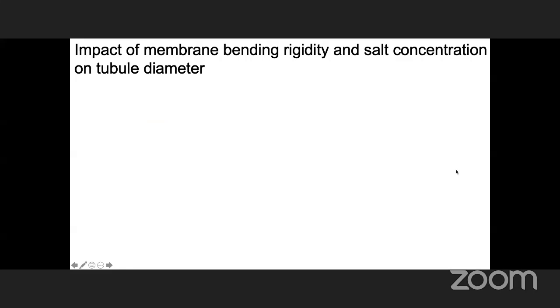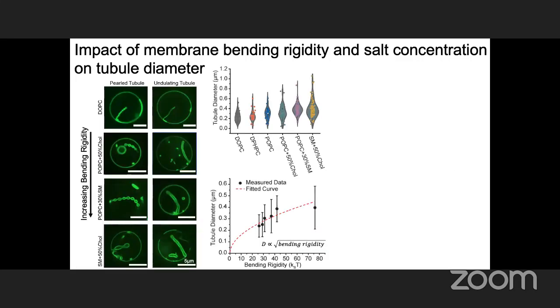To examine the predictions, we measured the diameter of lipid tubules as a function of membrane bending rigidity through variations in membrane lipid composition. As we expected, we observed a substantial increase in tubule diameter, and the data were reasonably well fitted by a curve in which tubule diameter was proportional to the square root of bending rigidity.